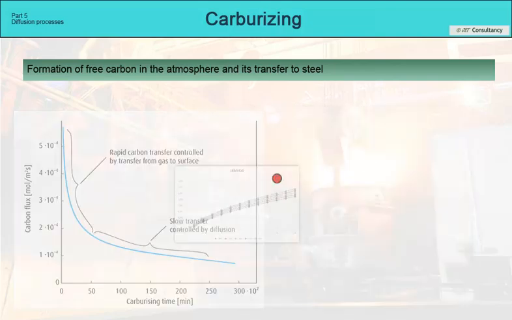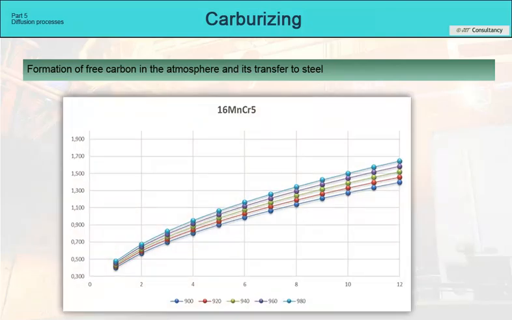This decrease has an exponential character. One of the consequences is that only under certain conditions can reliable carburizing be carried out to small diffusion depths of up to 0.4 millimeters. On the contrary, for large depths above 2 millimeters, the process becomes less effective and requires very long processing times.